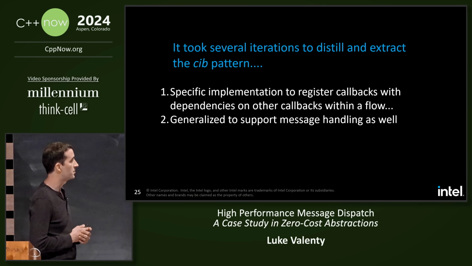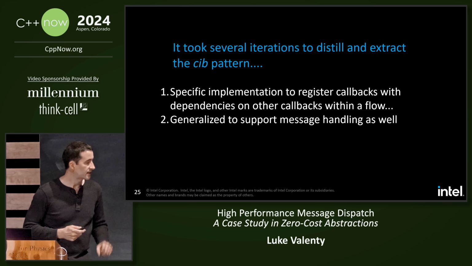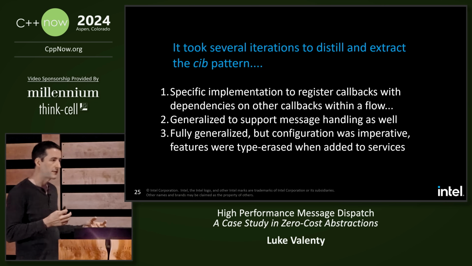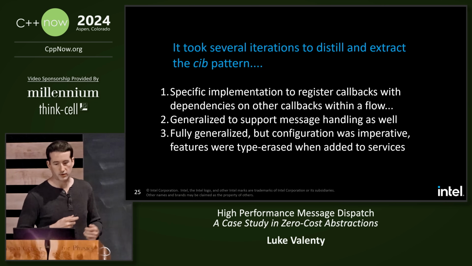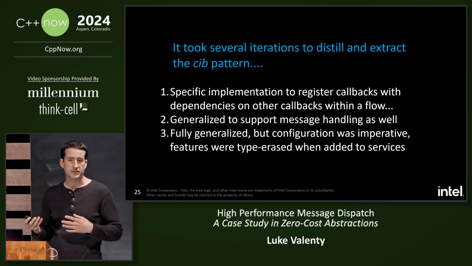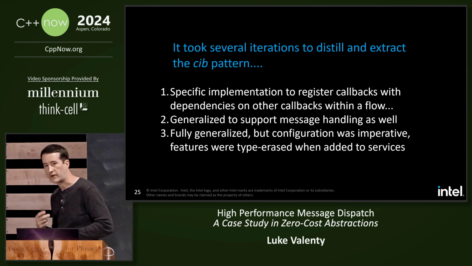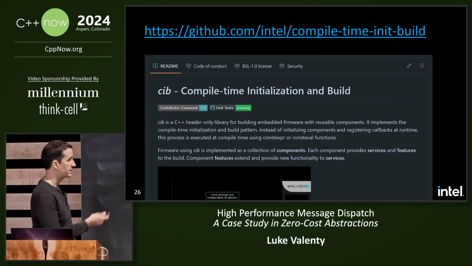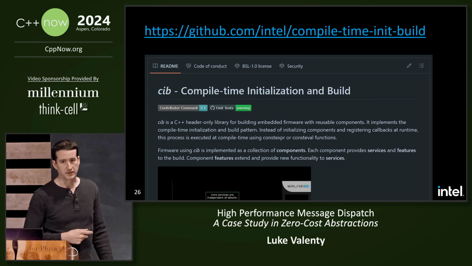So we had a specific implementation to do that, and it kind of worked. And then it was generalized a little bit to support message handling. Then it was fully generalized, but all the configuration was imperative, and it's terrible. Features were type erased when they were added to services. So we lost a lot of information and we lost a lot of opportunities. And the fourth iteration is the CIB library that's open source up on GitHub now.